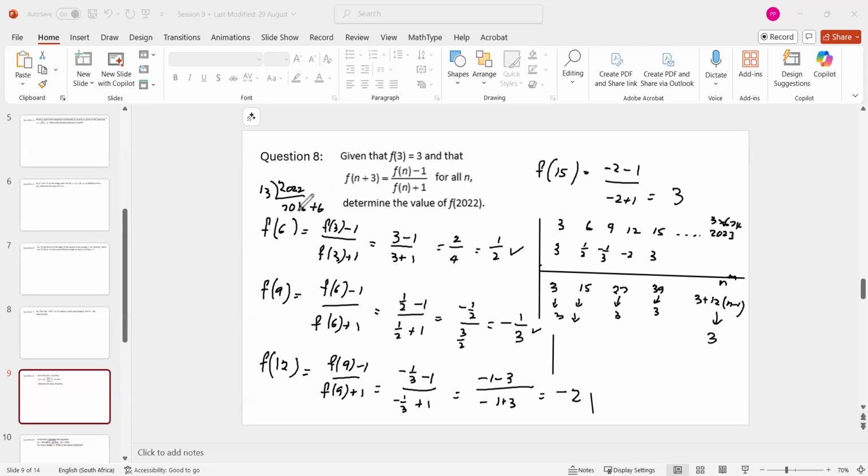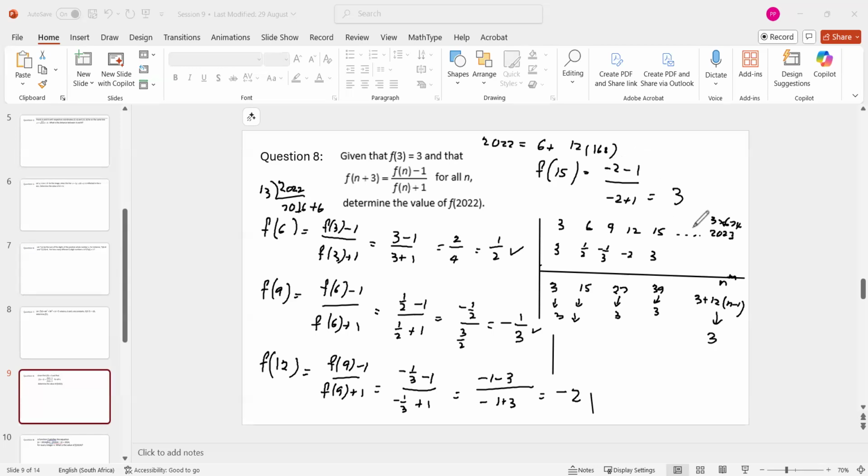Doesn't go exactly. So 2022 is 6 plus 12 times 168.